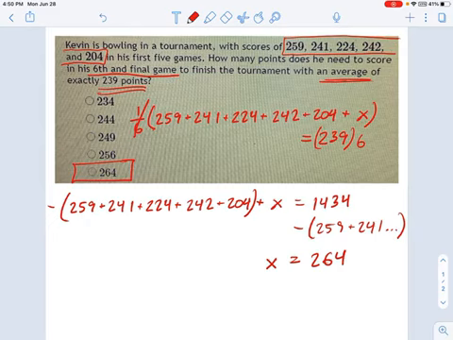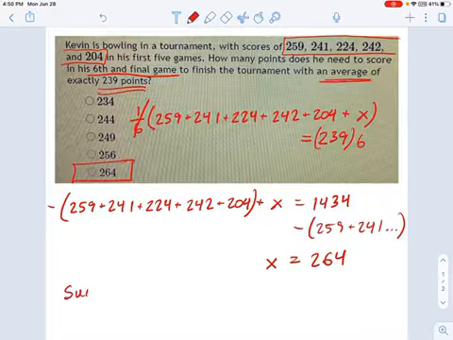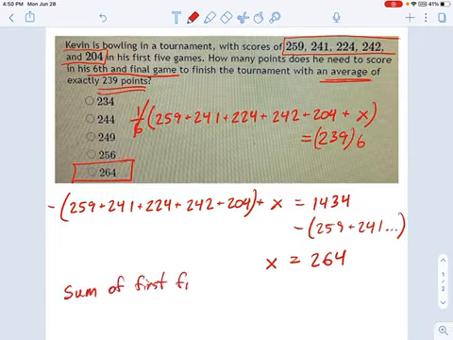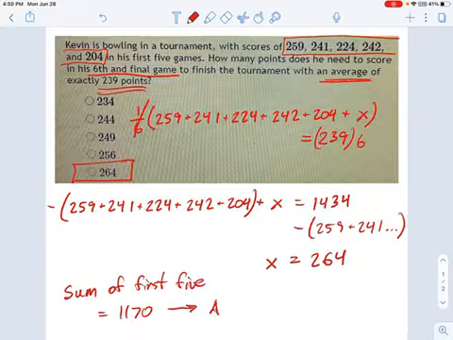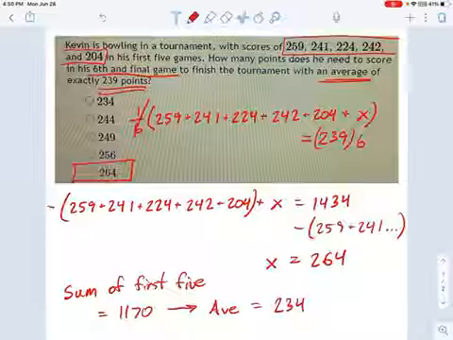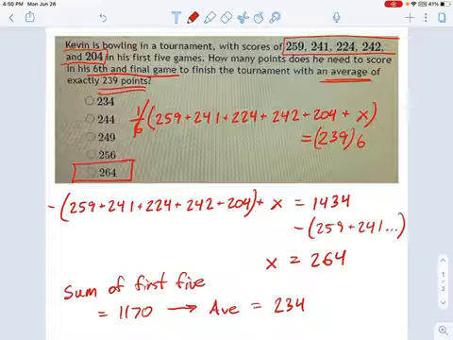The sum of the first 5, this is a good strategy, equals 1170, which means the average of the first 5 games, we divide that 1170 by 5, the average is 234.